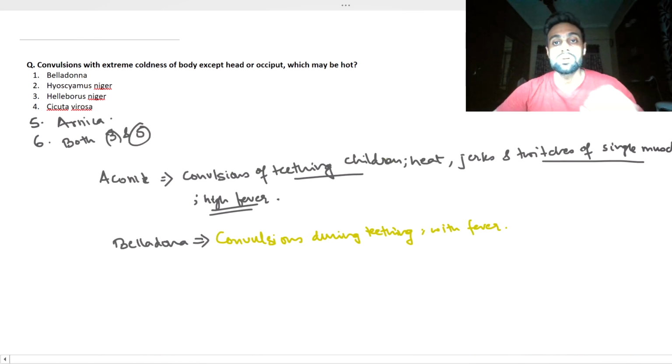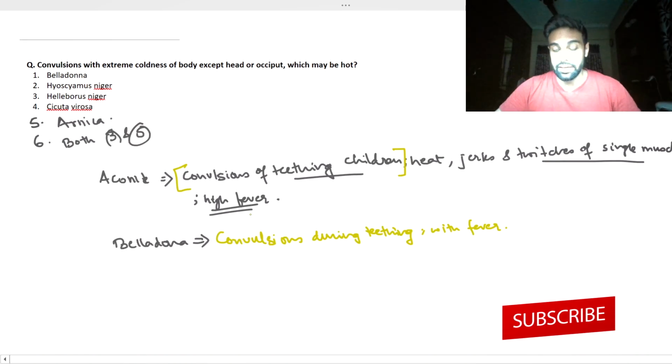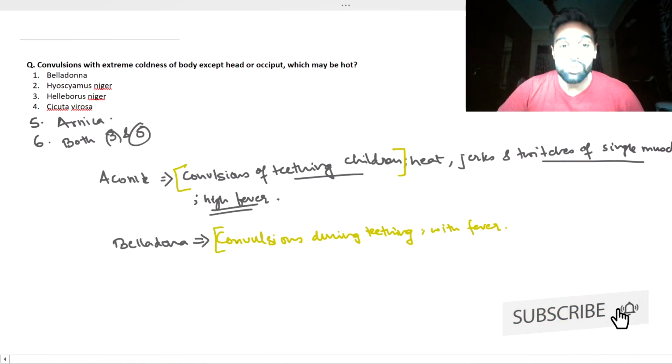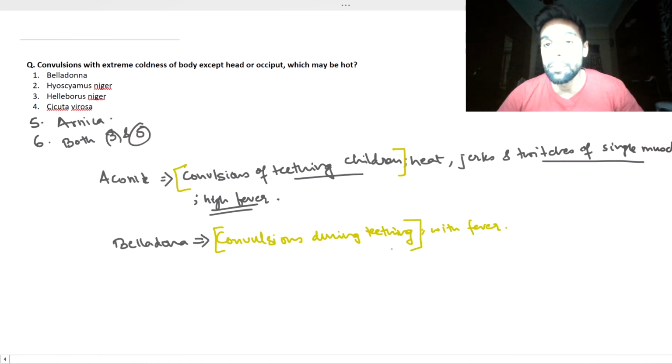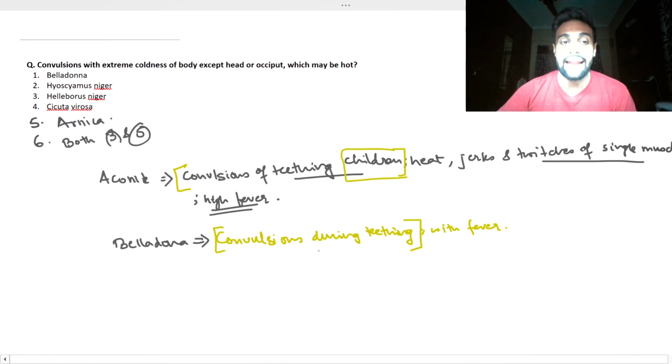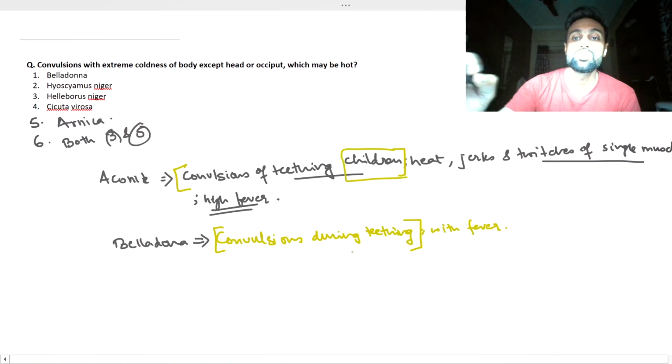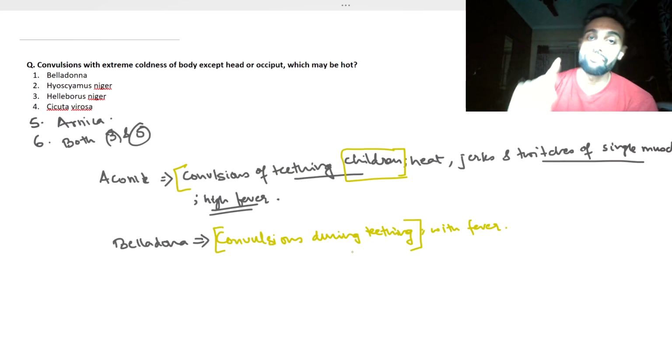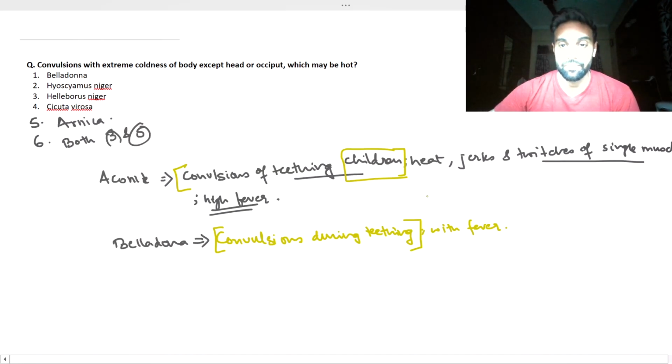If the MCQ is only convulsions of teething children, only this much is given, you know that the answer is aconite. If the MCQ is convulsions during teething, only this much is given, then you know that the answer is belladonna. So remember that in aconite, there is convulsions of teething children. This word is extra. And in belladonna, it is only convulsions during teething. And both in aconite and in belladonna, convulsion is with fever. In MCQs, it is without fever.